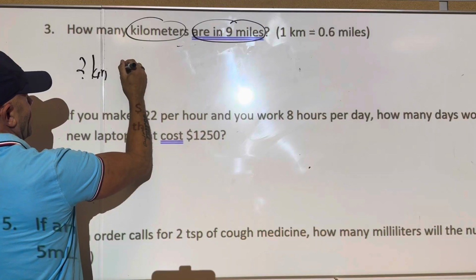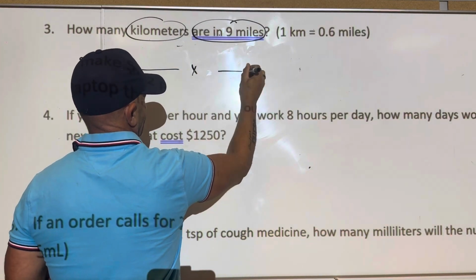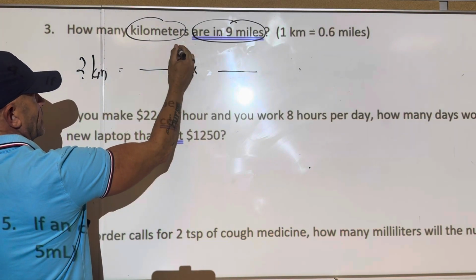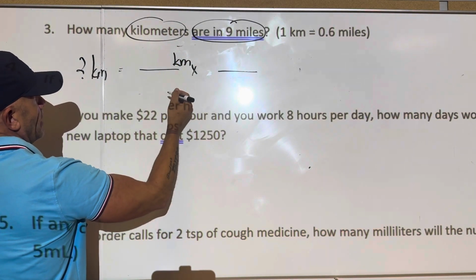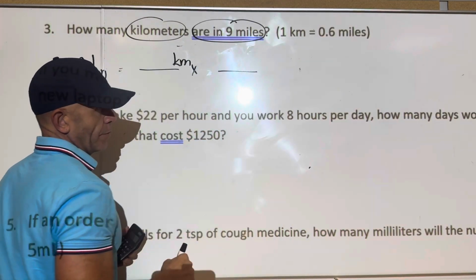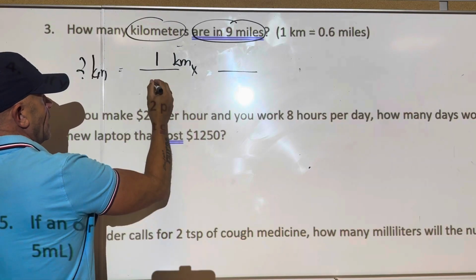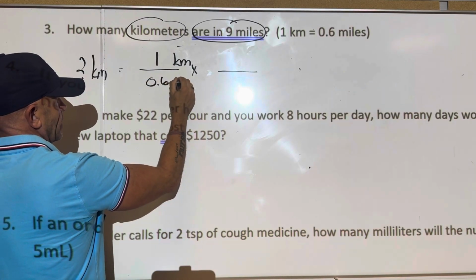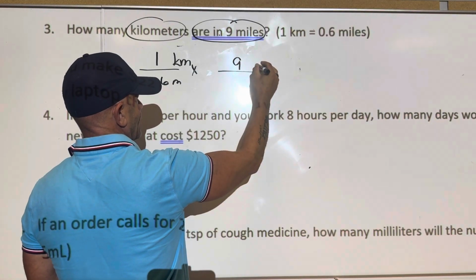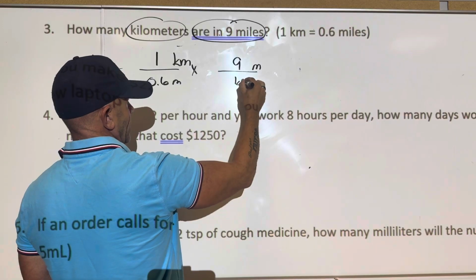Okay? So we know, here's your line, times your line. So what goes here? Kilometers, because that's what they're asking for. We have miles, so we know 1 kilometer equals 0.6 miles. So we're going to put 1 kilometer, 0.6 miles. Because we know here, this is miles because we get 9 miles. And they're looking for kilometers here.